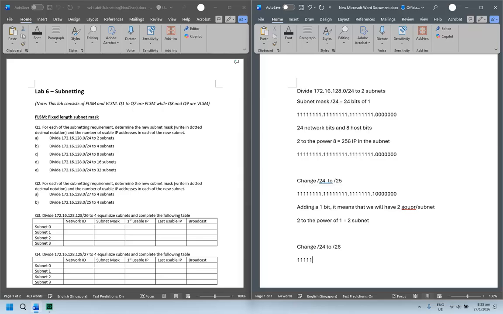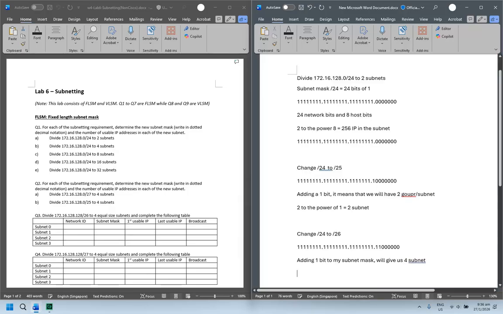It means that I'm adding 2 bits to my subnet mask now, which will give us 4 subnets. Why? Because 2 to the power of 2 equals 4 subnets.